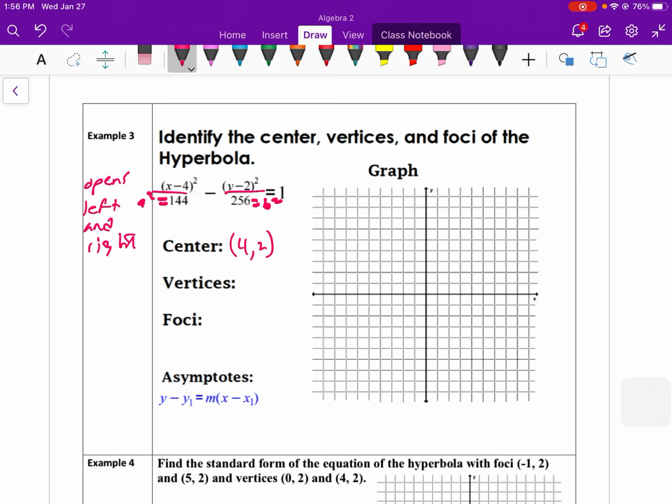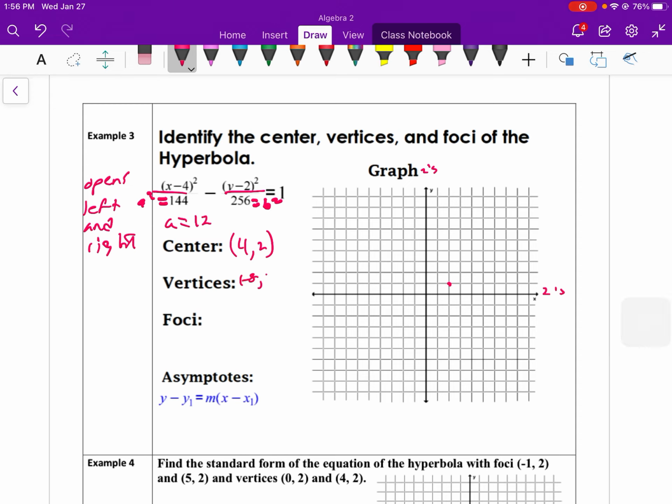We're going to plot that, and I'm going to go by 2s again. So 2, 4, 2. Then it opens left and right, so our vertices are going to be plus or minus a from the center. So a, when we take the square root, is going to be 12.